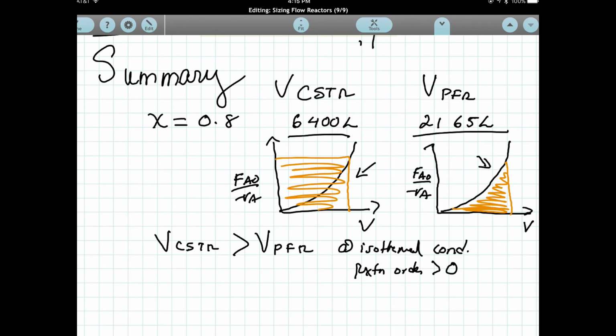Collecting information and comparing, we see that for a conversion of 0.8, the volumes of the CSTR and PFR that we calculated previously behave as predicted by the Levenspiel plots. We concluded that the volume of the CSTR is larger than the PFR under the same conditions.